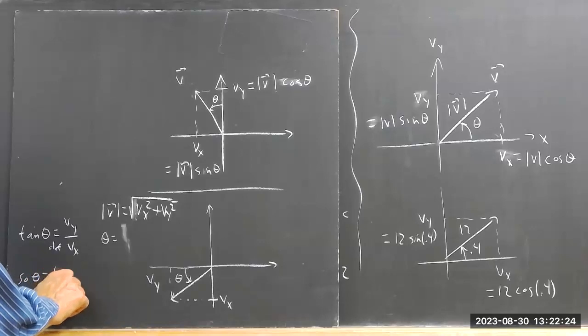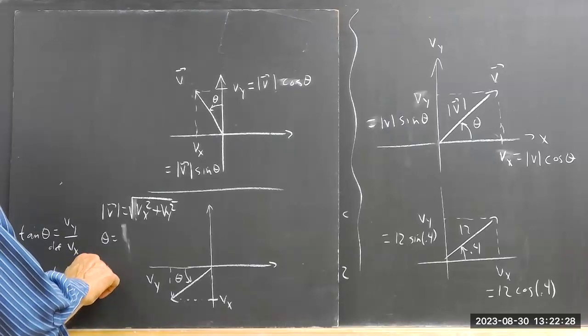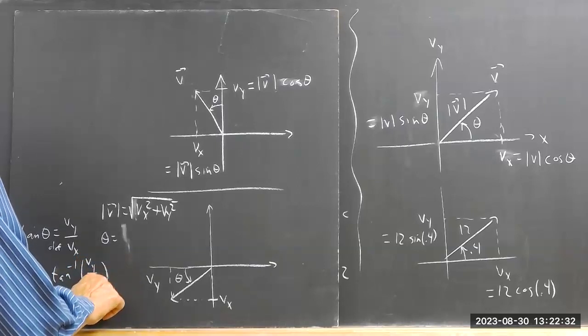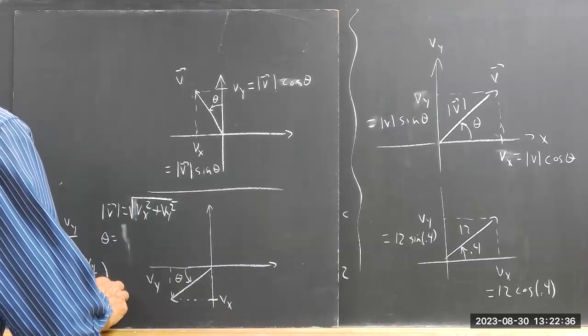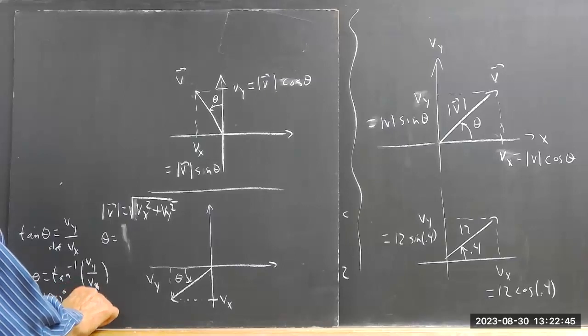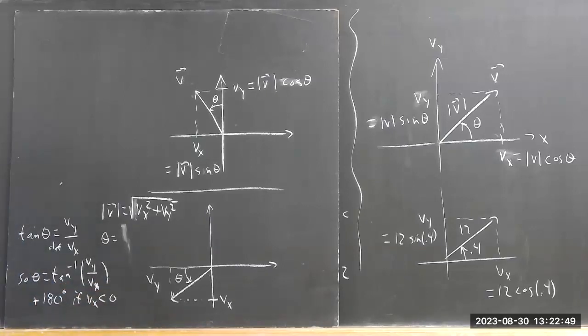So theta, tangent's a function, we do the inverse function. Okay. Then I'm going to say plus 180 degrees if Vx is negative. That'll put it in the right quadrant.